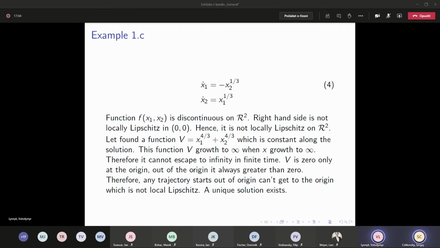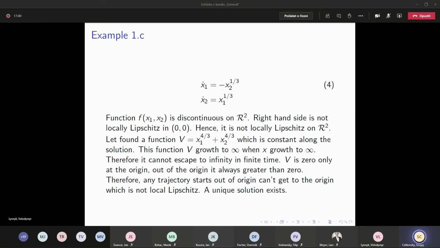And that's because of this function V equal to x1 to the 4/3 plus x2 to the 4/3. Obviously, if x1, x2 go to infinity, this function goes to infinity, right? But we can show by taking the derivative that this function is constant along trajectories, which is not shown on this slide.